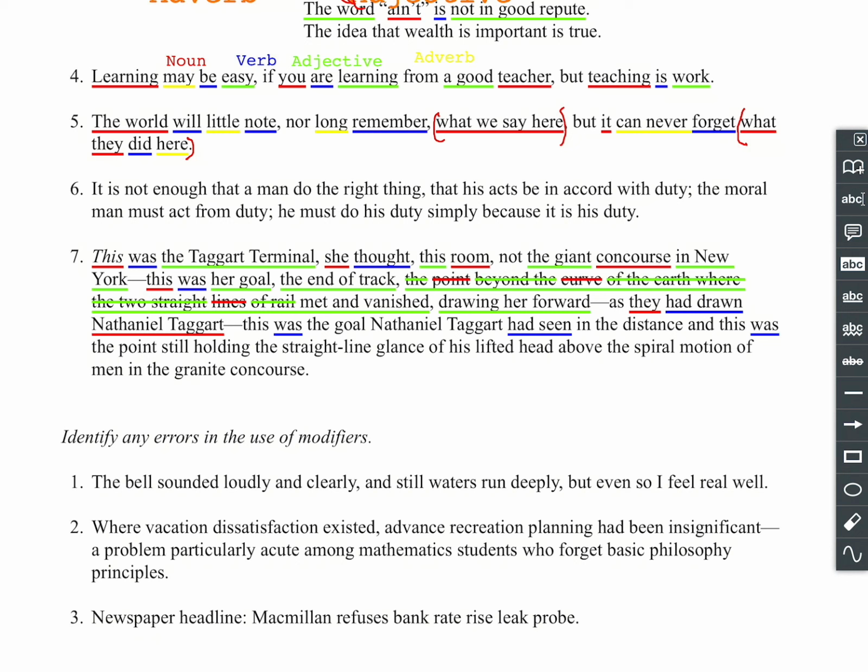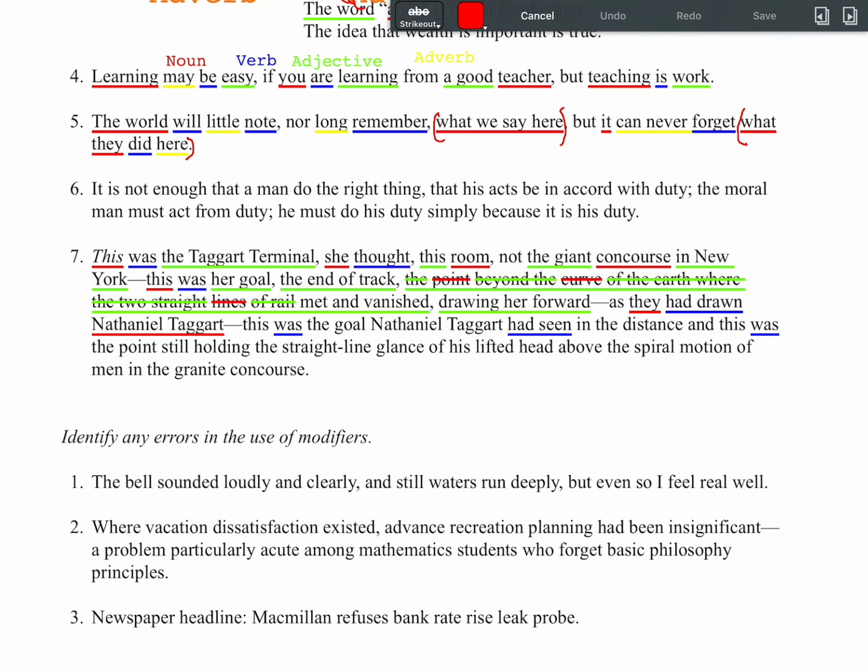Okay, and then the met and vanished is giving us two different verbs. The two straight lines of rail met and vanished. So the two straight lines of rail met. The two straight lines of rail vanished. So those are both verbs that are both being applied.